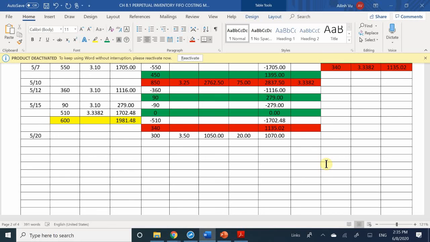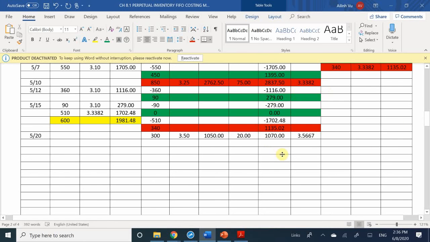Then we're going to divide this by 300. And we're going to get 3.56667. Okay, I'm just going to round. Luckily it could go on for a while.